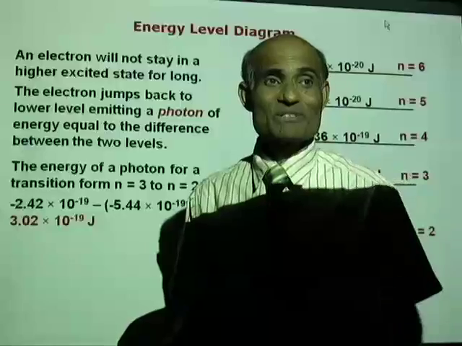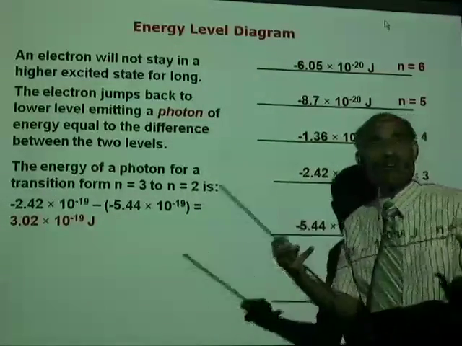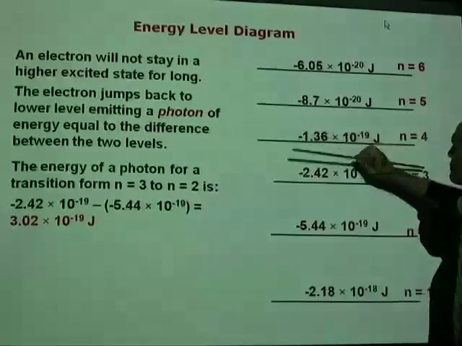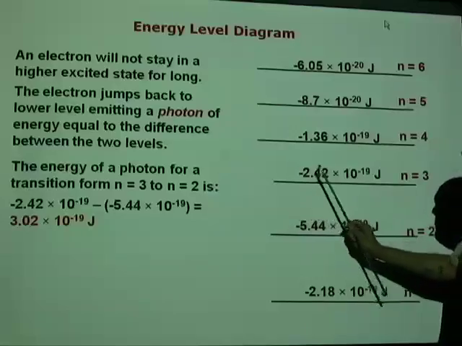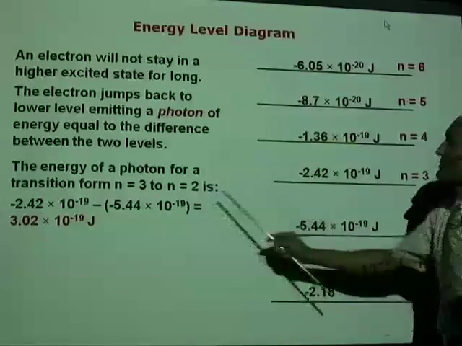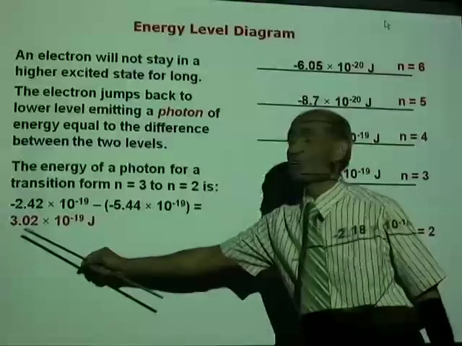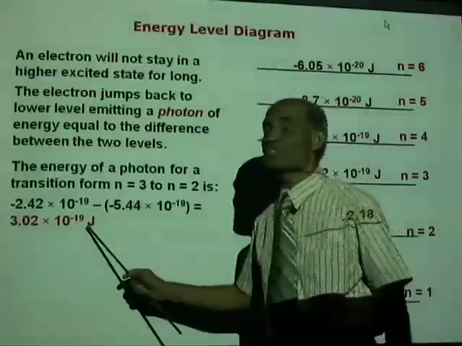That's the Balmer series. So, what's the energy radiated when an electron jumps from n equal to 3 to n equal to 2? It will be this value minus this value. There you are. And I got this as 3.02 times 10 to the negative 19 joules.